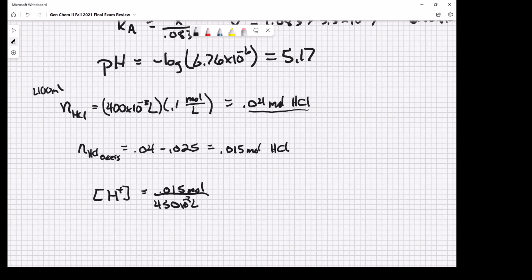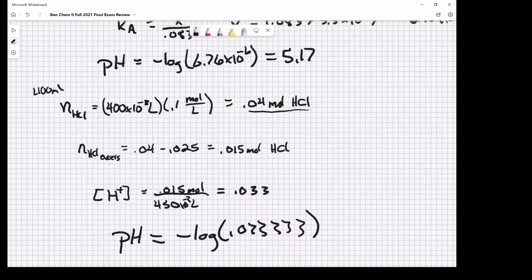And so calculate that concentration for me. 0.015 moles divided by 0.45 liters, 0.033. All right, so how do we get the pH? That's right. So the pH is going to be the negative log of 0.0333 repeating, right?